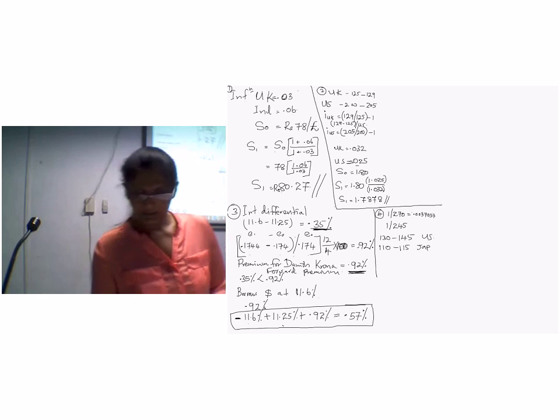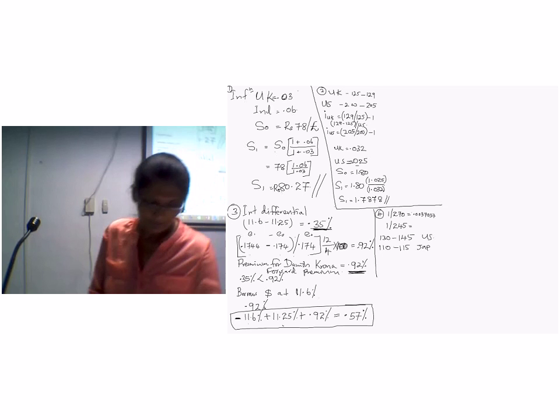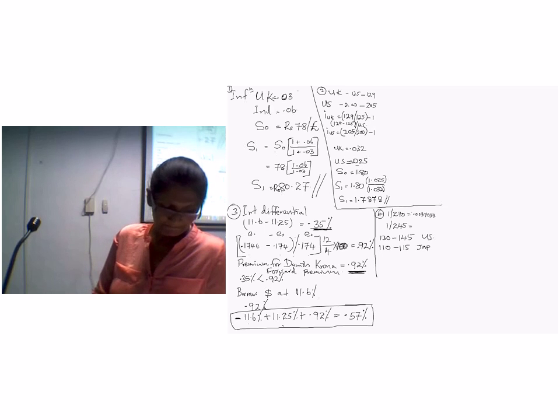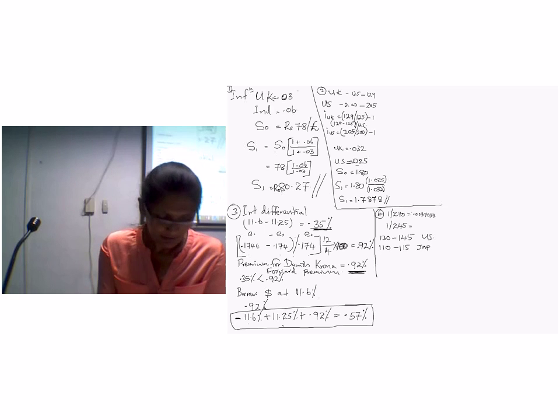At the end of the year, real dollar value is 1 divided by 245. Here we have to consider the changes in inflation.